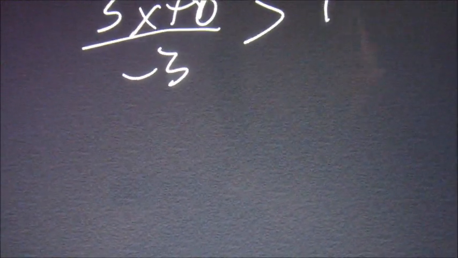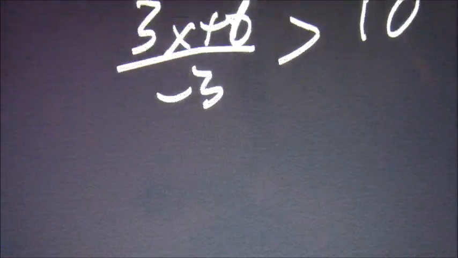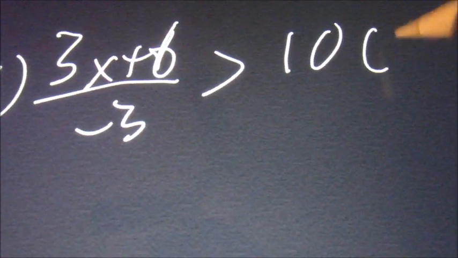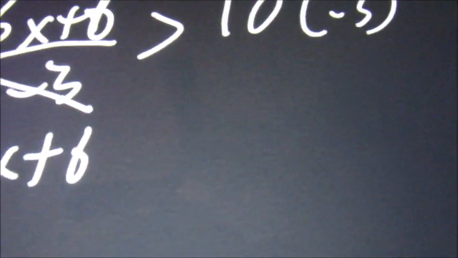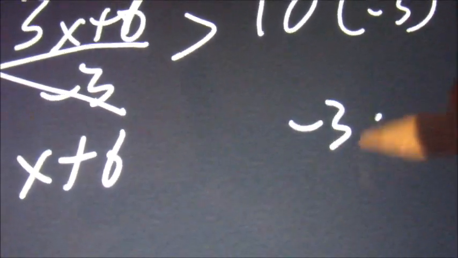Okay, so now let's say we have 3x plus 6 over negative 3 is greater than 10. So the first thing we do here is multiply both sides by negative 3. And these negative 3's cancel. We get 3x plus 6. On this side, we're going to get a negative 30.